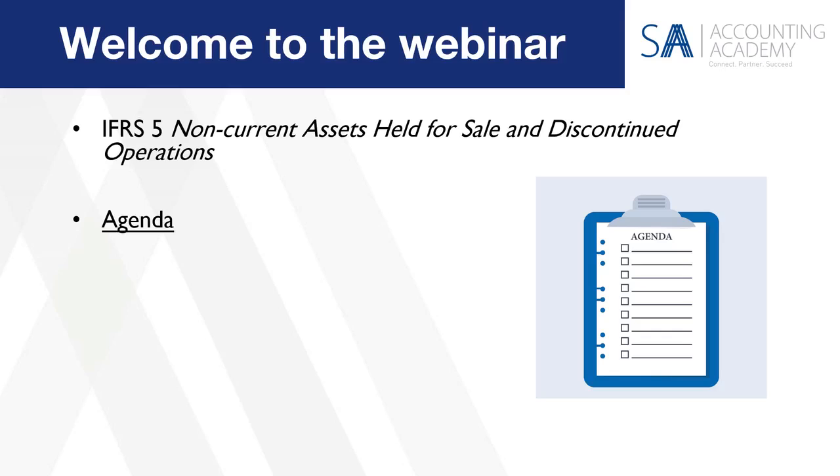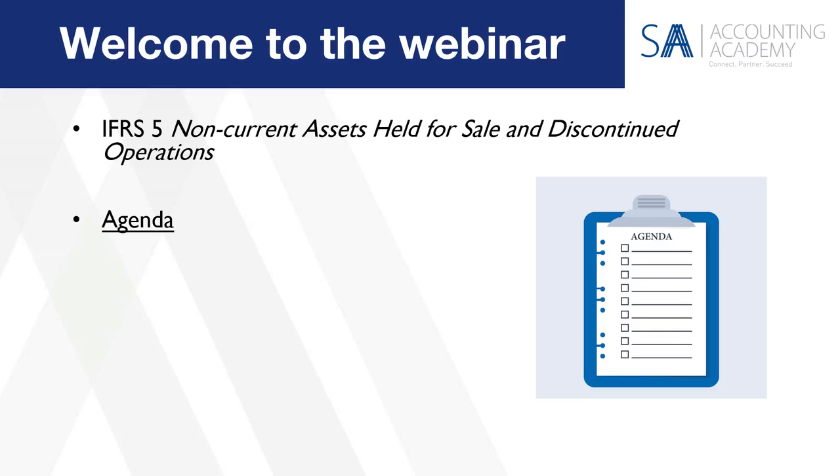Now, the recognition here is not a big issue because what you must understand is that these assets that you hold for sale or disposal are effectively already in the balance sheet, the statement of financial position. So those assets are just reclassified.